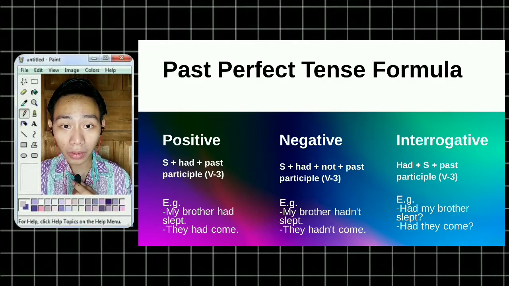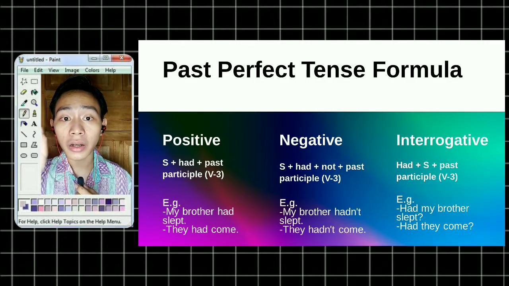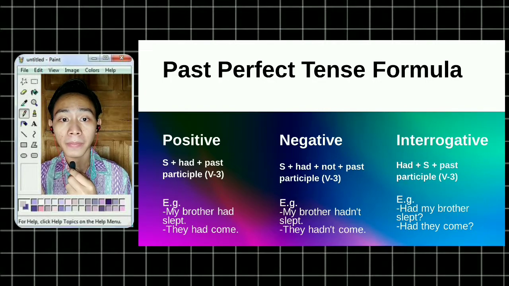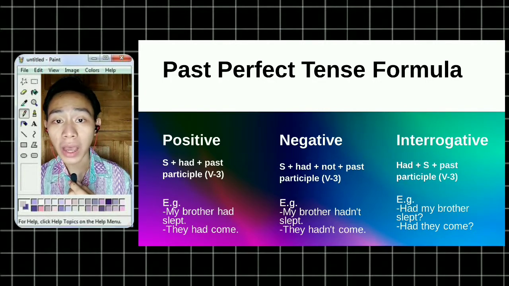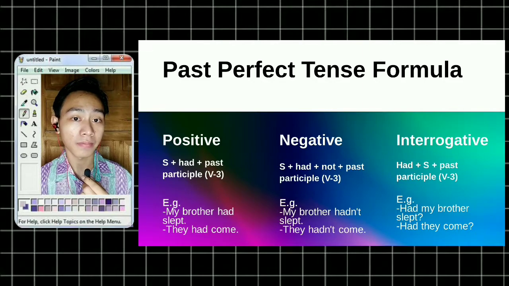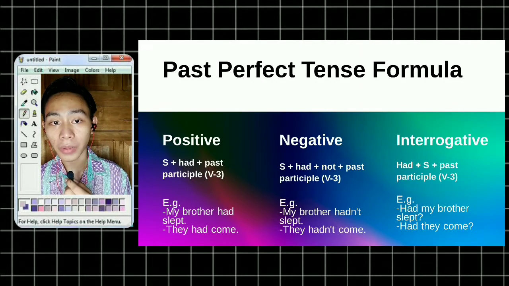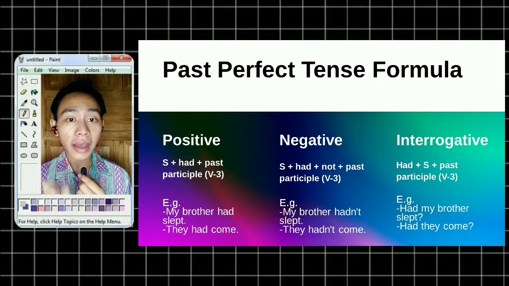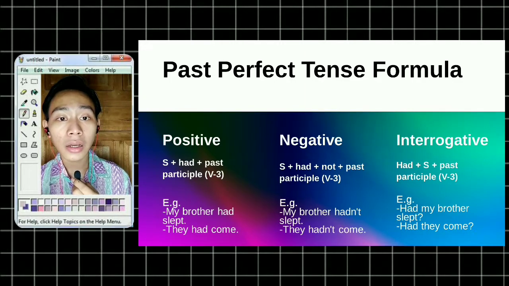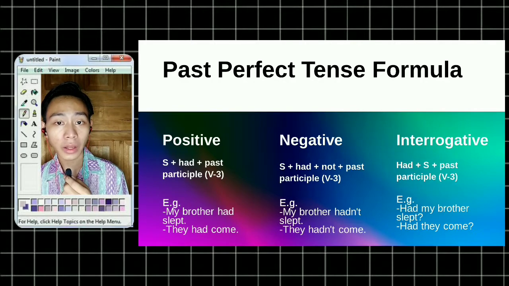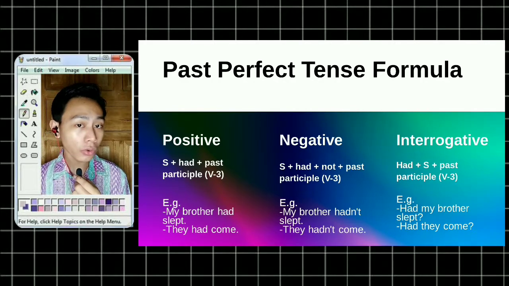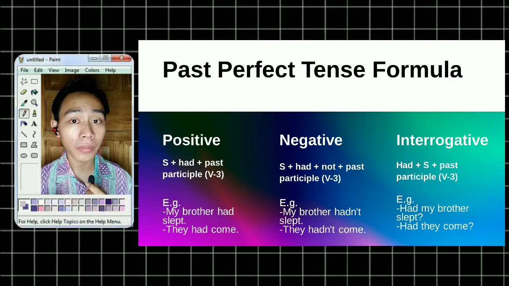For example, my brother had slept. Slept is the past participle of sleep. Next example is they had come. Come is the past participle of come, but it's no different from its plain form.